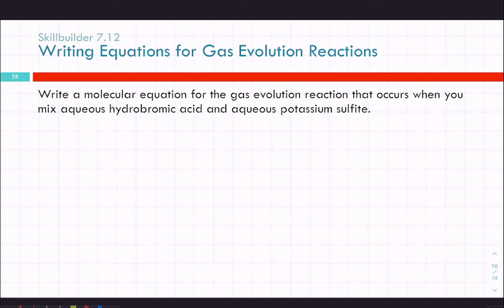So we write a molecular equation for the gas evolution reaction that occurs when you mix hydrobromic acid, again, got to know that nomenclature, with potassium sulfite. So hydrobromic acid is HBr, that's aqueous. And potassium sulfite, K2SO3.